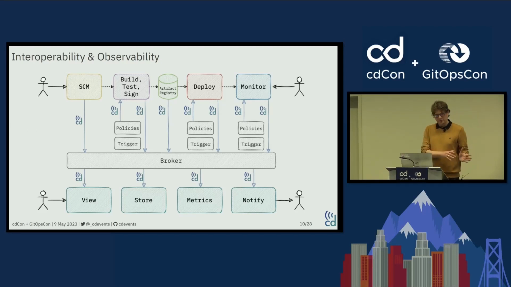So if all the tools in your tool chain are able to produce events in a consistent language and you can collect them, it becomes much easier to calculate this kind of metrics out of this data. Other things you can do are like sending notifications, for instance, to improve visibility and observability for your users.